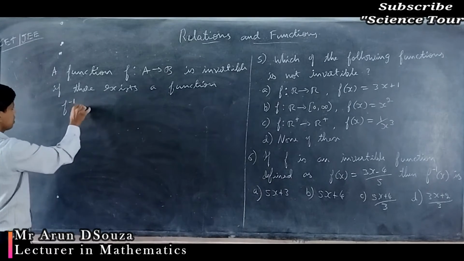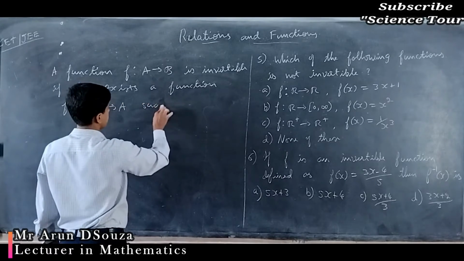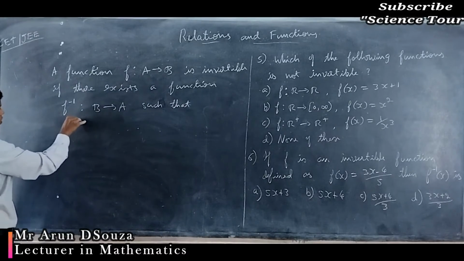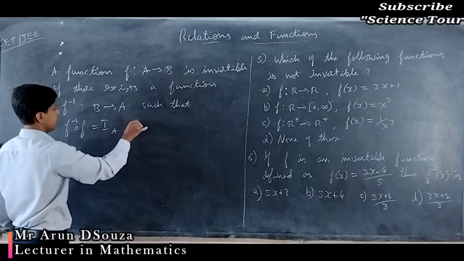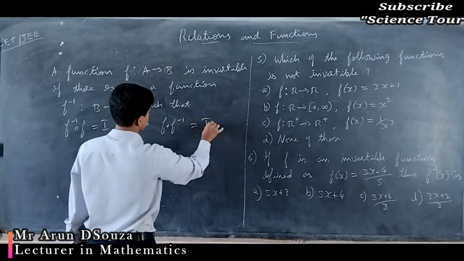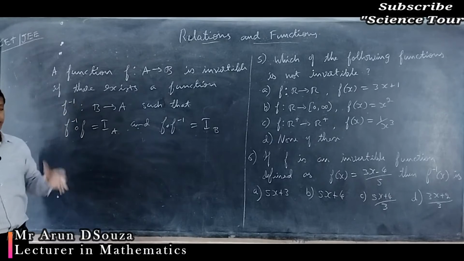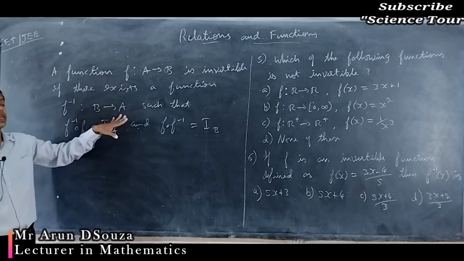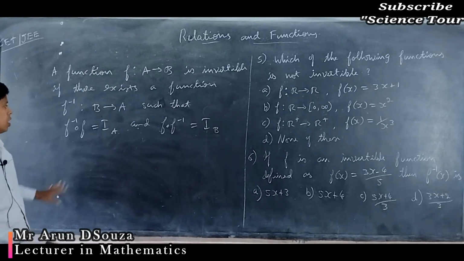I will take f inverse from B to A such that f inverse of f should be identity for A, and f of f inverse must also be identity, and that is for the set B, because the domain of f inverse is B. Well, so if these two conditions are satisfied, then f inverse from B to A will be the inverse of the function f from A to B. That is the first definition.